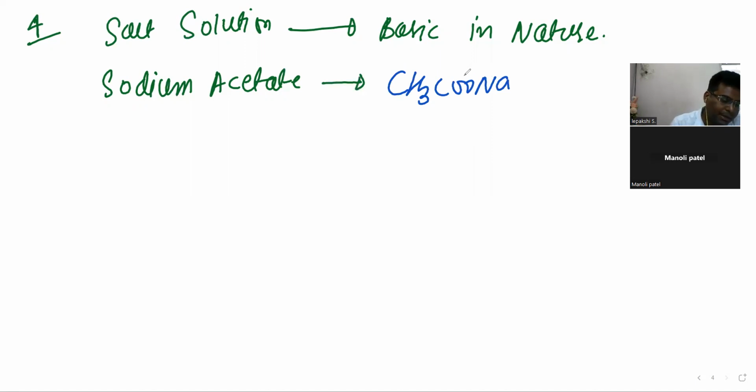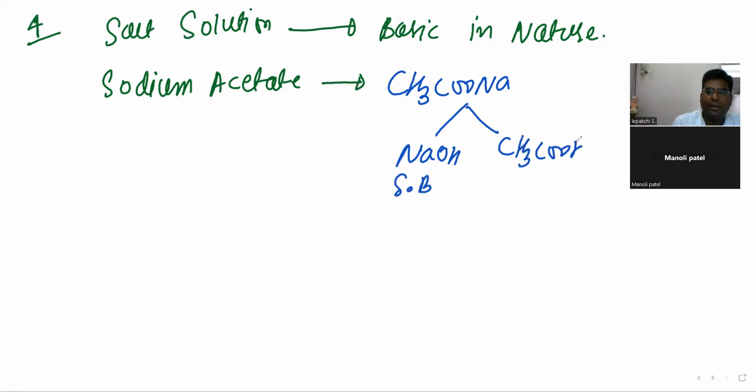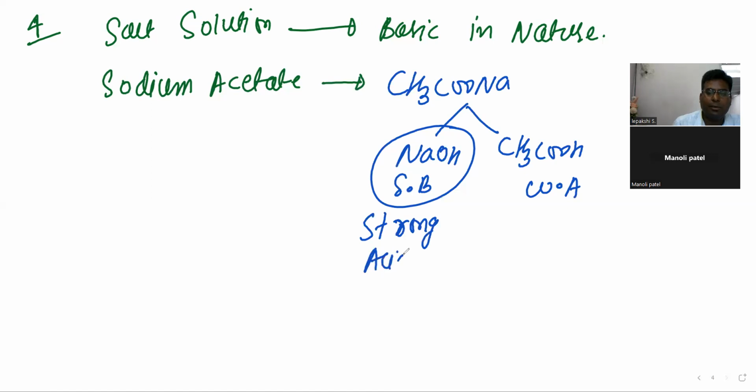So it is a combination of a strong base, because Na is coming from NaOH, so it is a strong base, and the acetate ion is coming from a weak acid. So this is your weak acid, right? So the nature of the solution will be basic, because the strong part dominates.